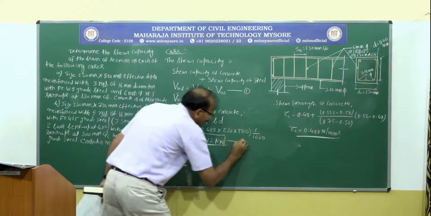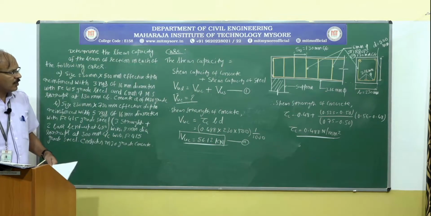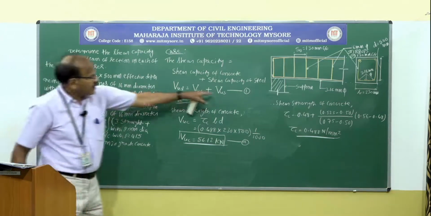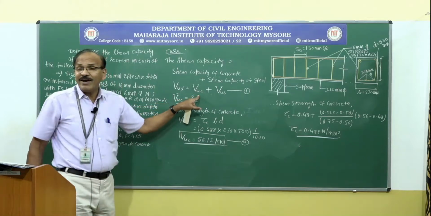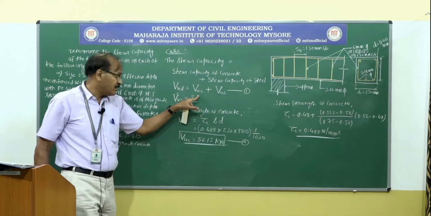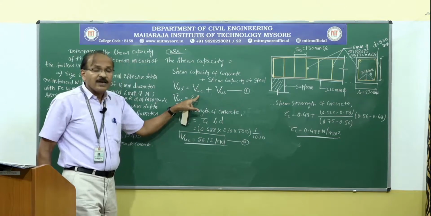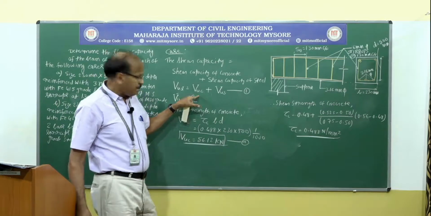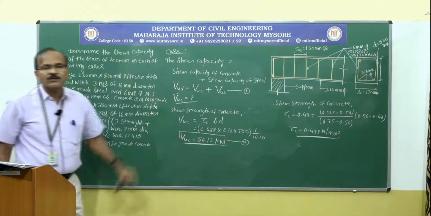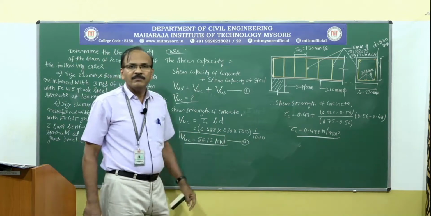So, I am going to call this as equation A. In this equation, I calculated VUC value, the design shear strength of concrete, that is equal to 56.12 kilonewton, and I have called that as equation A.